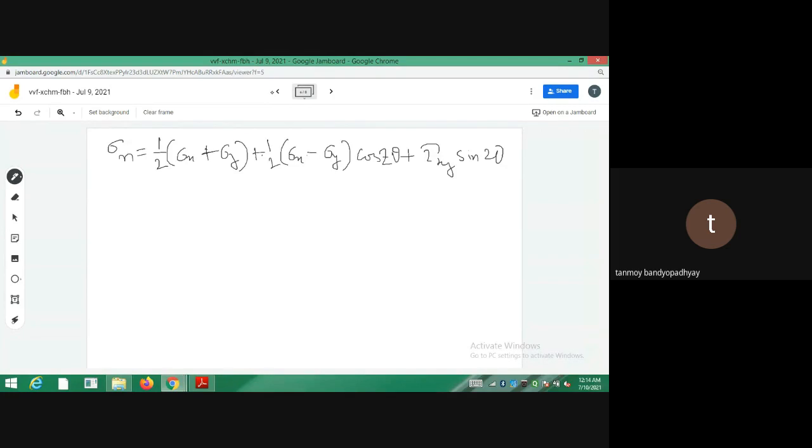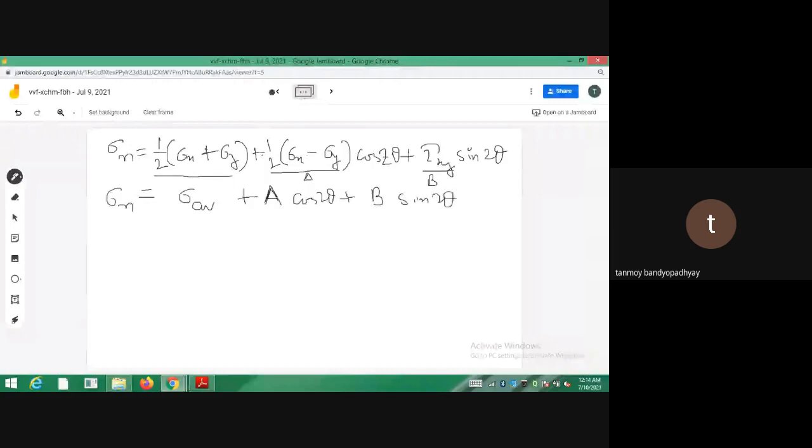So দেখো, we are representing it by sigma average, sigma x plus sigma y by 2, we are calling it sigma average plus this one, let me call it as a. It's not a variable, it's a constant for a certain biaxial stress system. So I'm calling it as a, so a into cos 2 theta plus I'm calling tau xy as b, so plus b into sin 2 theta.